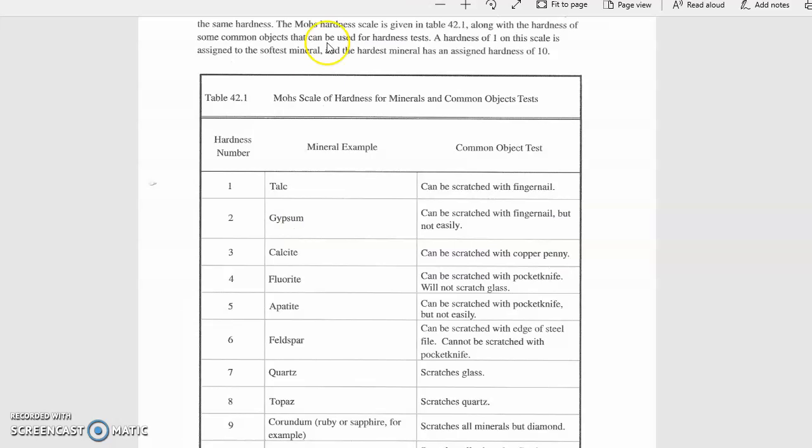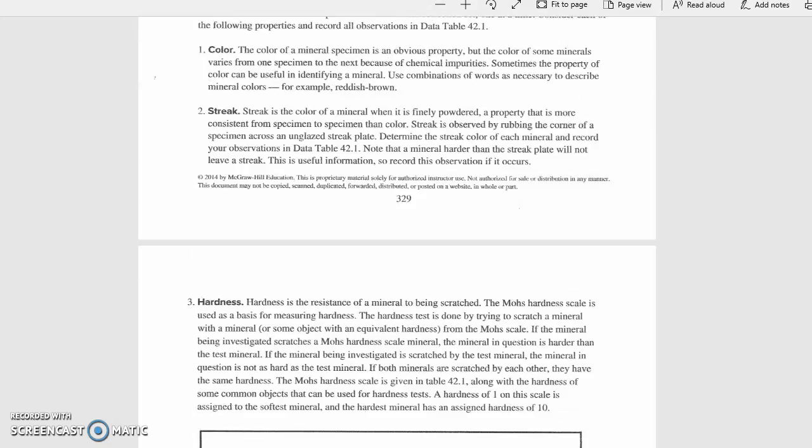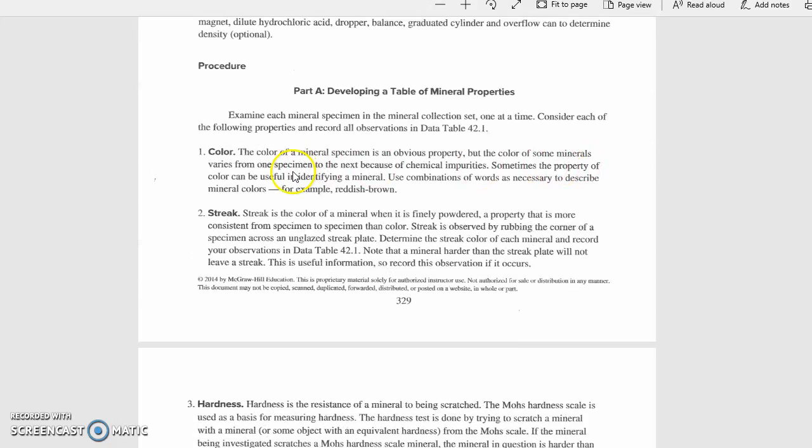There's a series of different properties that we're going to be looking at. The first is color, which is just an obvious one. What does it look like? It's not as useful as some other things because it's possible for there to be a lot of impurities or things on the surface. The streak is when you take that rock and put it in a very fine powder.